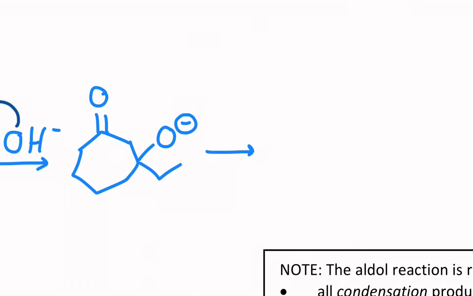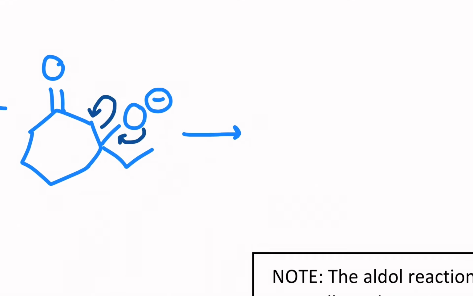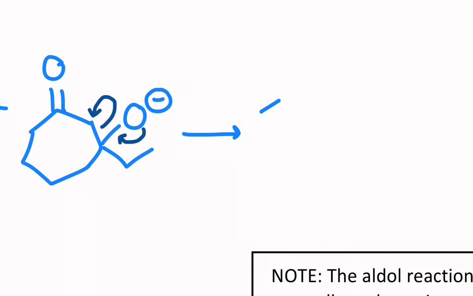Remember that the aldol forms an alpha-beta bond right there, alpha to the ketone in this case, and then the beta position now has an alkoxide on it. So in a retro aldol, that bond has to break. Well, that happens from the oxygen bringing a pair of electrons down, and you break that alpha-beta bond, and you take that pair of electrons, and you could just put it right on the alpha position. This is all still a retro aldol.